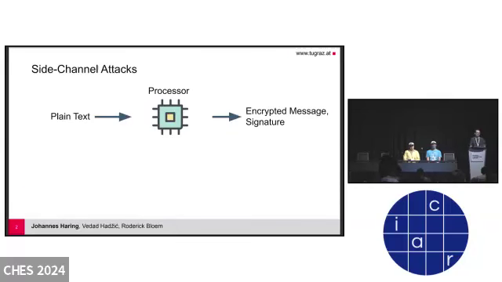To give you a broad idea of what I'm going to be talking about, let's quickly recap what a side channel attack is. As you all know, a cryptographic processor gets plain text as an input and outputs encrypted messages and signatures. However, that's not everything that's going on in the hardware world.